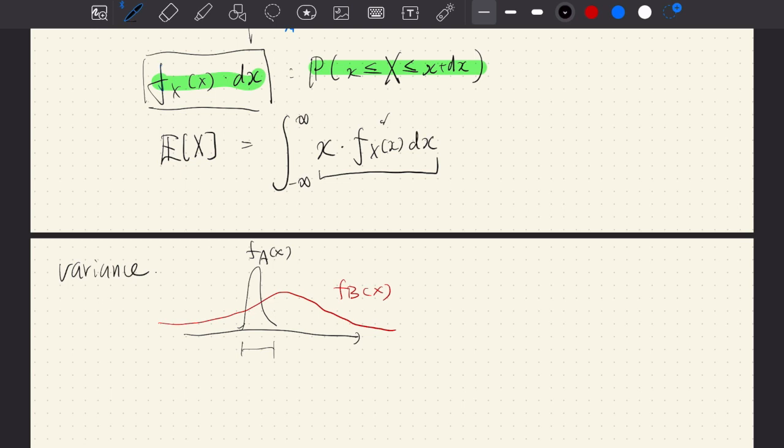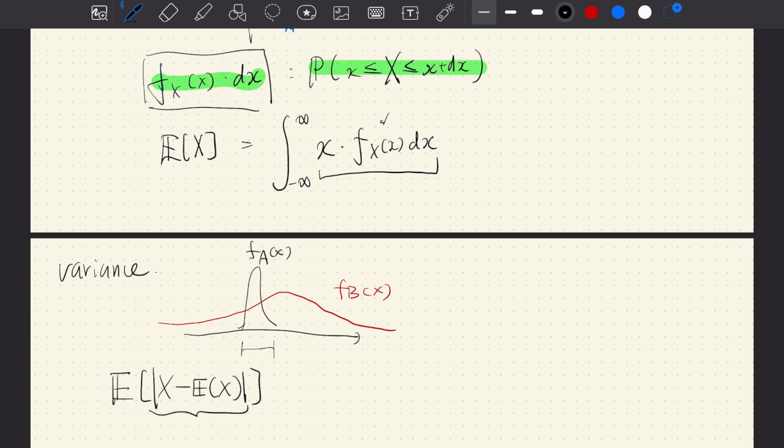The way we define variance is that we want to know the expectation of the distance between the outcome of this random variable and its mean. This means I want to know the average distance between the outcome of this random variable and its mean, so it is centered. Intuitively, if you want to define variance, you would do something like this, calculating within the expectation the distance between the outcome and its mean.